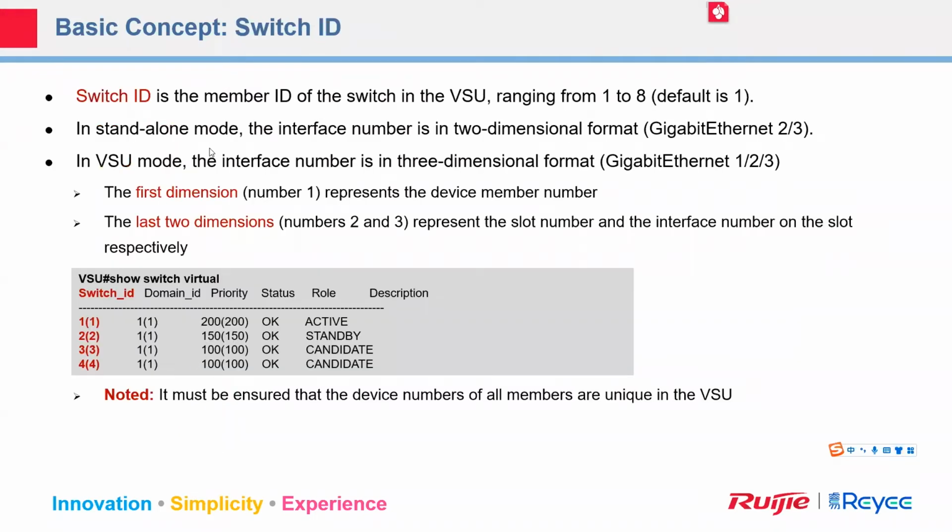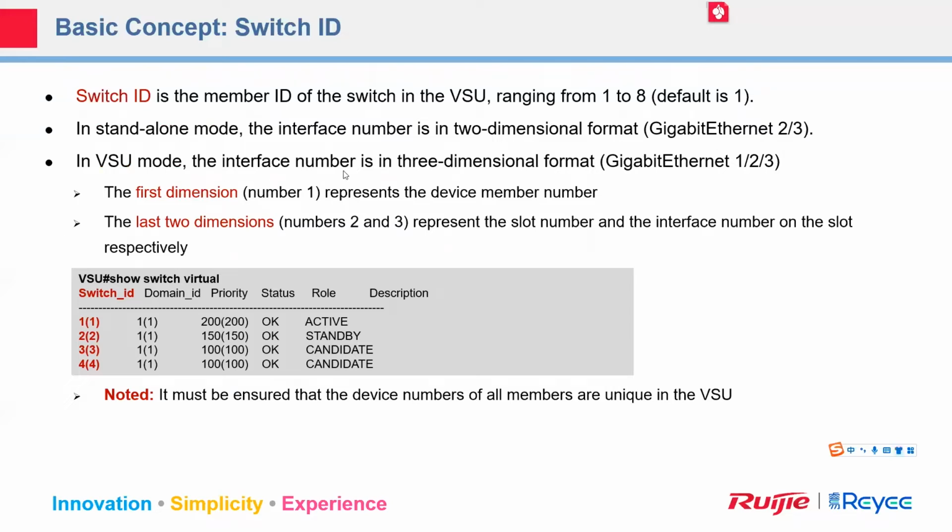And then about the switch ID, we say the switch ID should be different in the same domain ID. In the same domain, different switches have different switch IDs. Pay attention: generally, when you get one switch, the interface value is like 2/3, right?